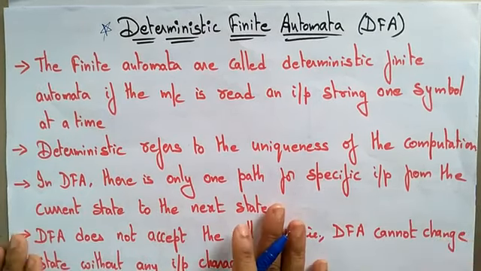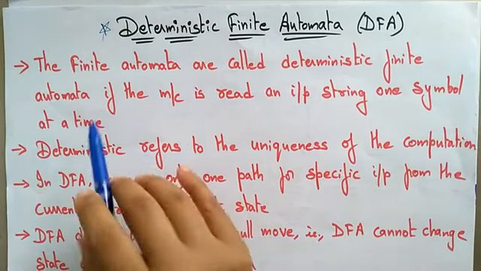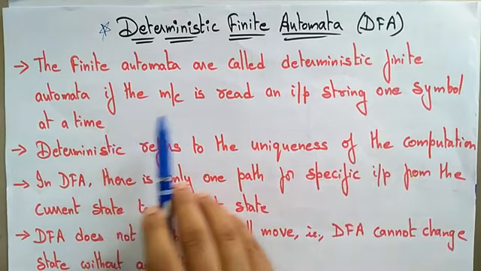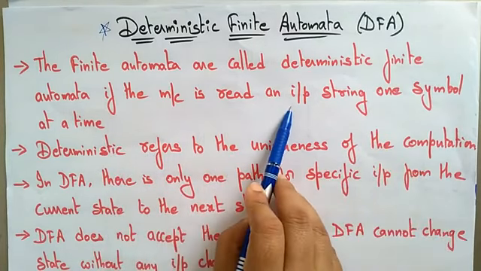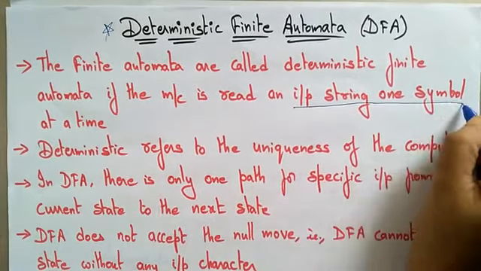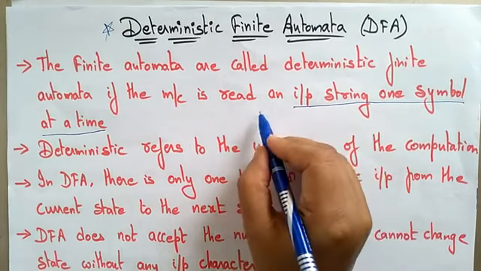It is a finite automata without output. Okay, remember that. The finite automata are called deterministic finite automata if the machine reads an input string one symbol at a time. So remember that this is a main difference between the deterministic finite automata and non-deterministic finite automata.